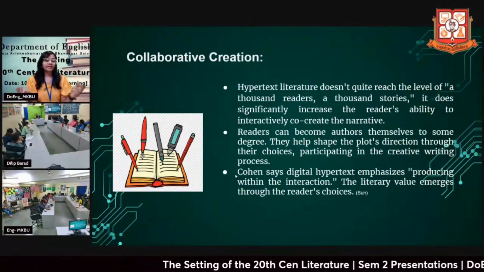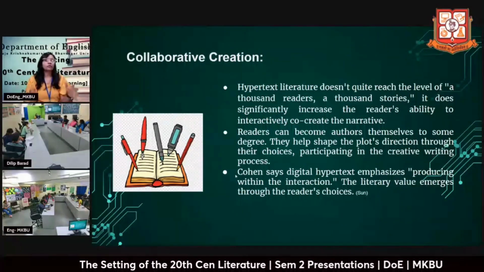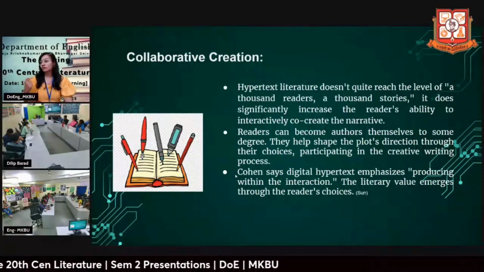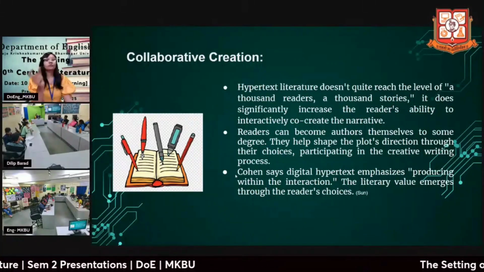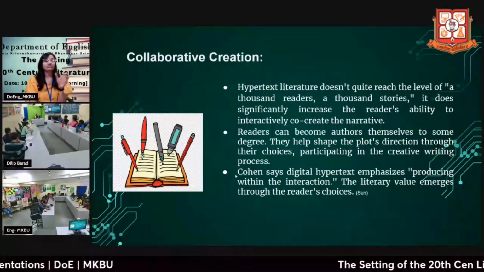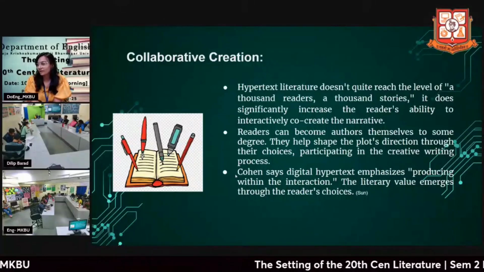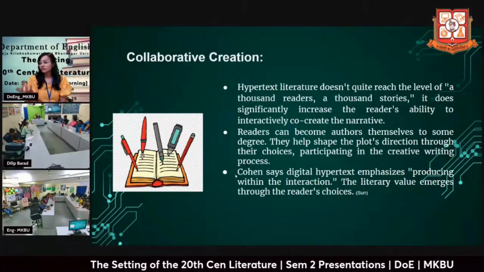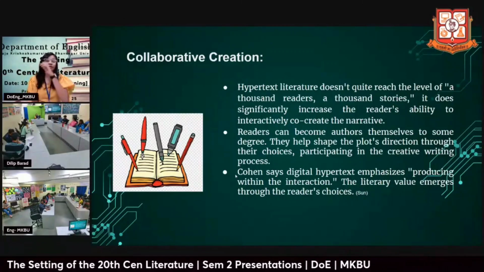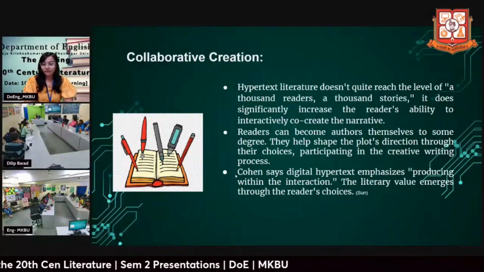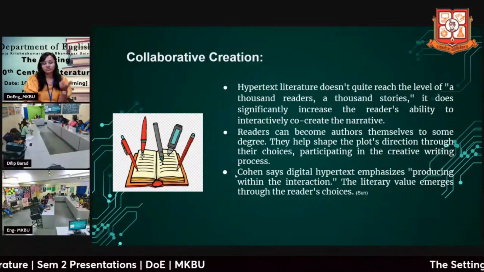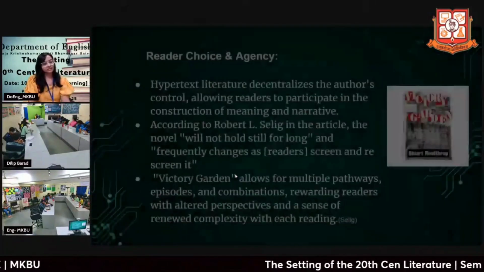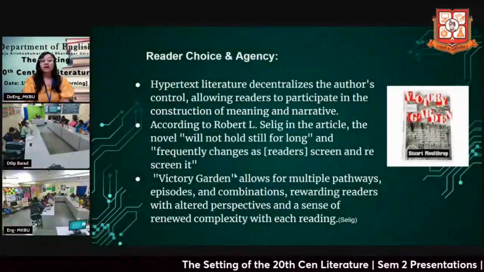That is your fan fiction, which is prevailing in postmodern time, where you can do whatever your hero wants to do in the plot. So this is collaborative creation, which is also an element of hypertext. So you are able to make changes. You can make poetry. You can use your own metaphors, your own similes to create a poem. So the reader's choice becomes centralized, reader's choice and agency, of course.